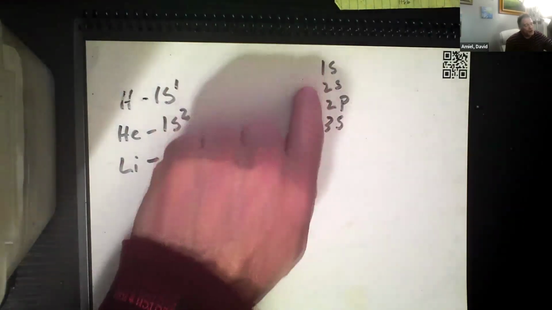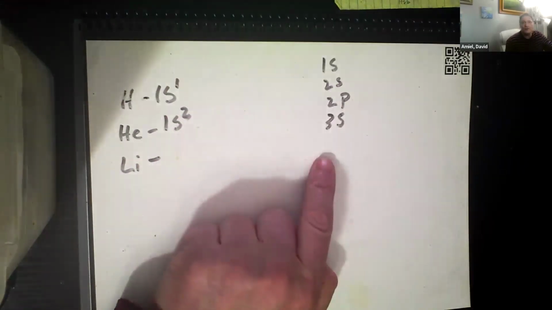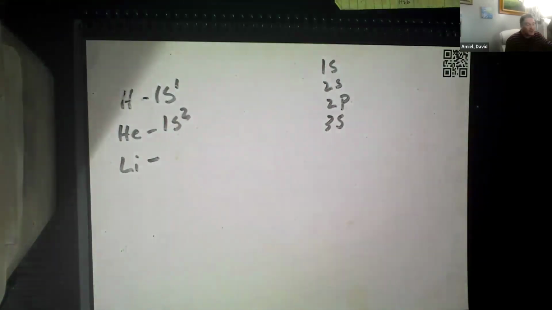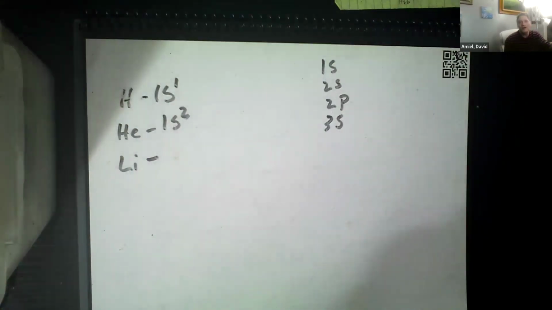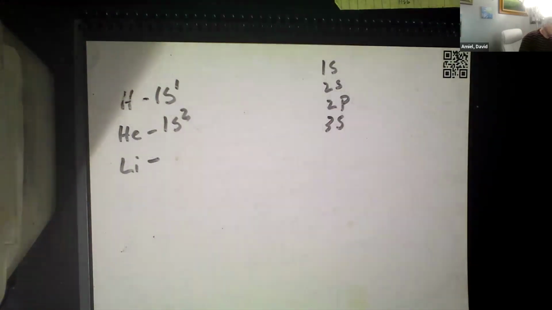This is the order in which you fill in the electrons. These are, again, solutions to the fundamental quantum mechanical equation, and that explains why there's no 1p. There's no 1p because it's not a solution to the equation. 1s, 2s, 2p, 3s. Okay.